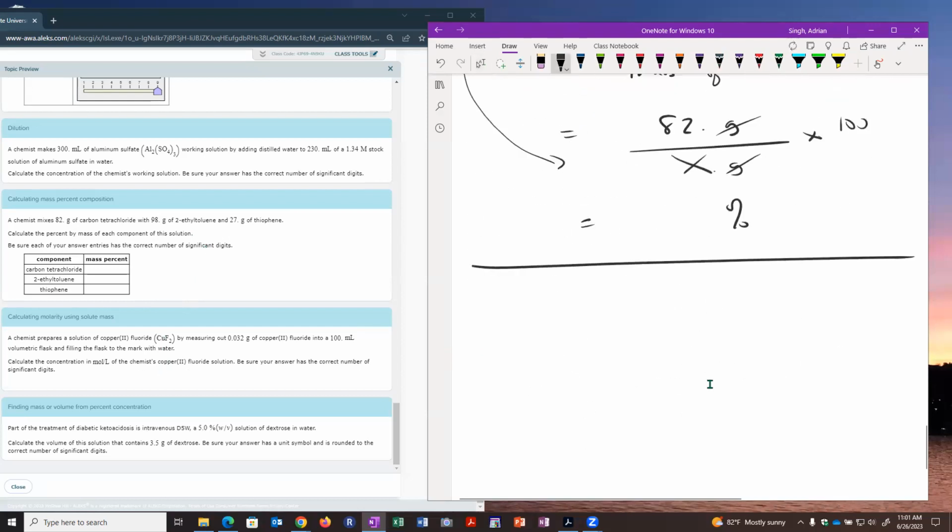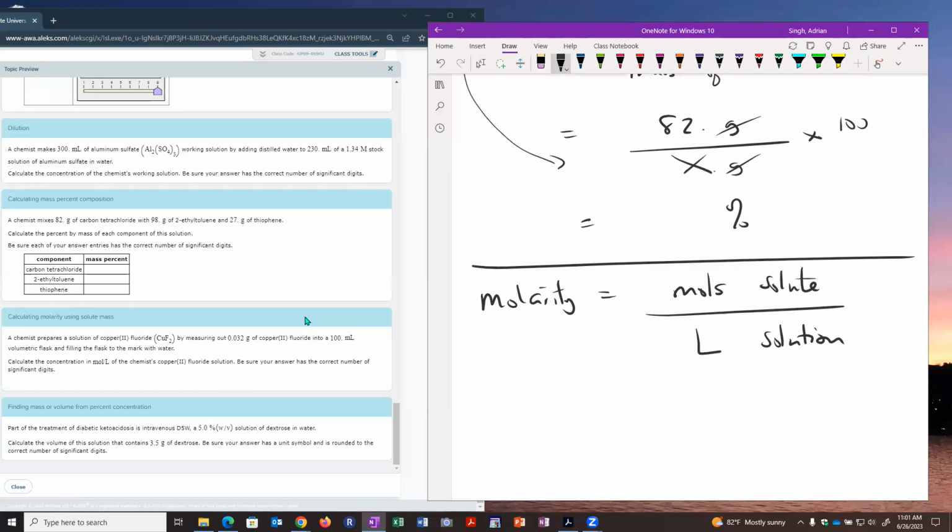All right, next one looks at calculating the molarity using the solute math. Molarity, remember, is moles of the solute divided by liters of the solution, probably the most common concentration unit that you'll see in chemistry.